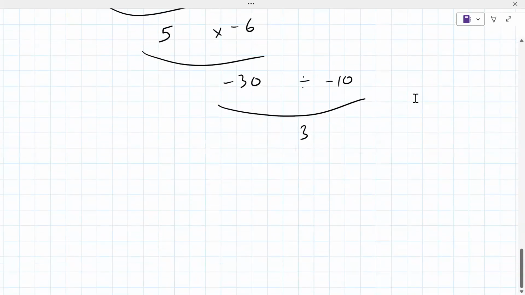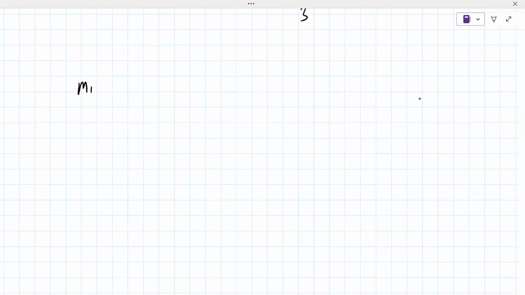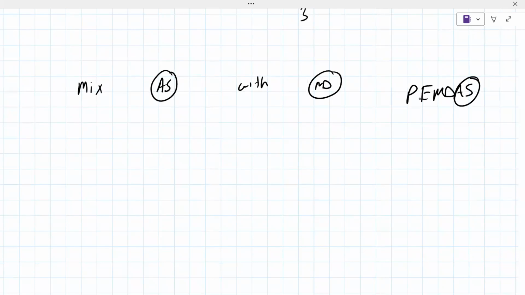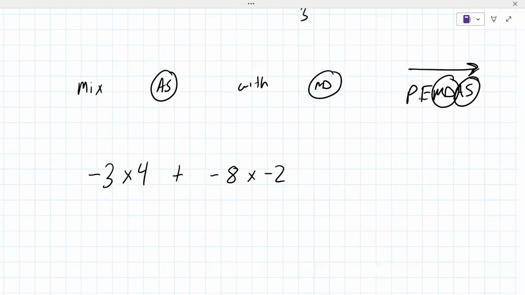Good effort so far. So now we're going to mix addition and subtraction with multiplication and division. Do you remember which you do first in the order of operations? Multiplication and division. That's right. So if you see something like -3 times 4 plus -8 times -2, which do you do first, the multiplication or the addition?